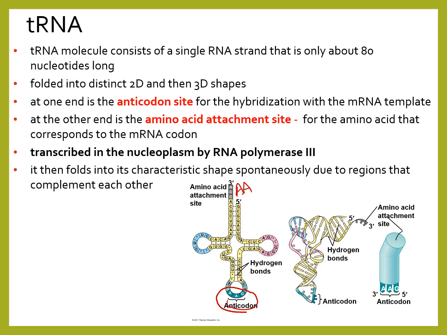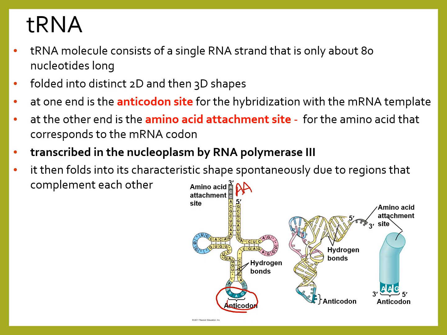Again, what makes this thing? RNA polymerase 3. It will fold into its characteristic shape spontaneously. No energy is required because there's an awful lot of complementary base pairing going on. So these regions in yellow are formed by complementary regions that pair up with each other. And those little loops, they're actually called loops, are regions where there was no complementary base pair.